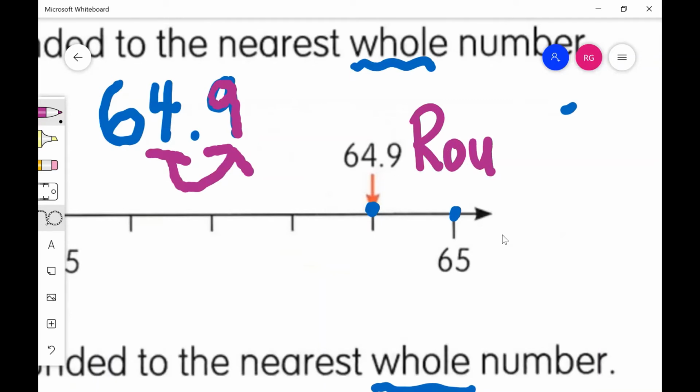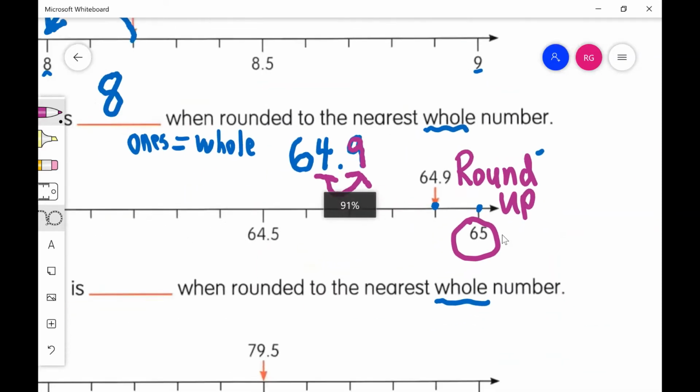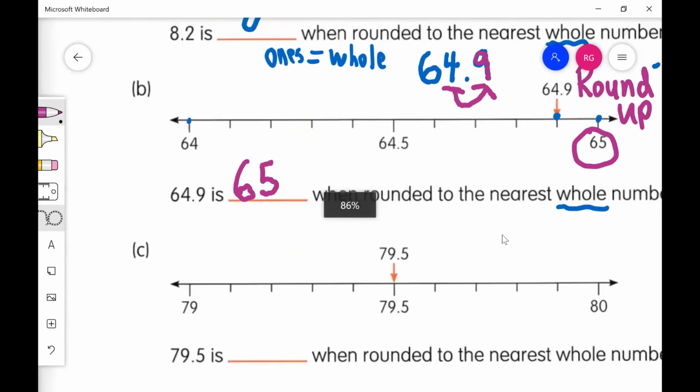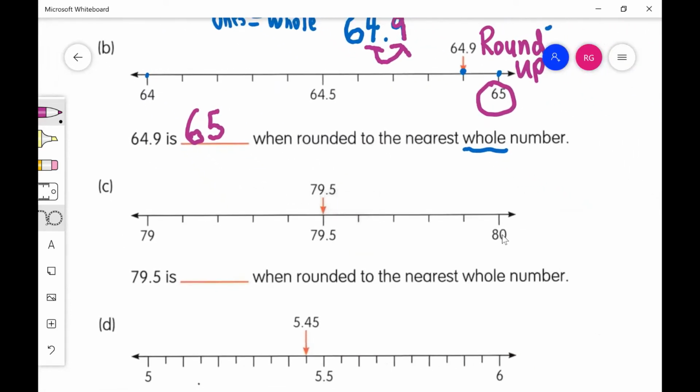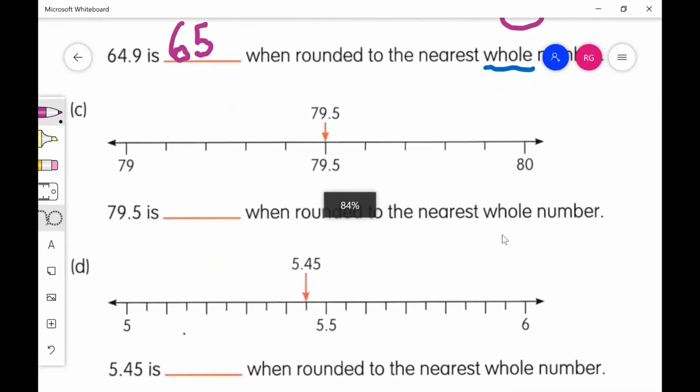Yes. And it rounds up to what? 65. Yes, so we can write that on our line here. 64.9 rounds up to 65 when rounded to the nearest whole number.